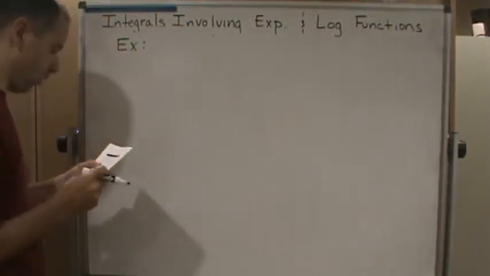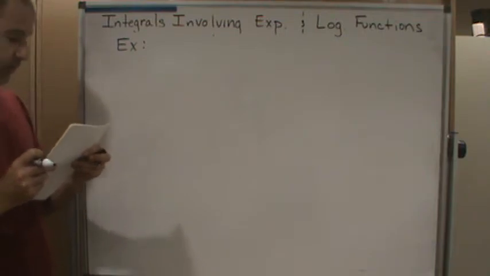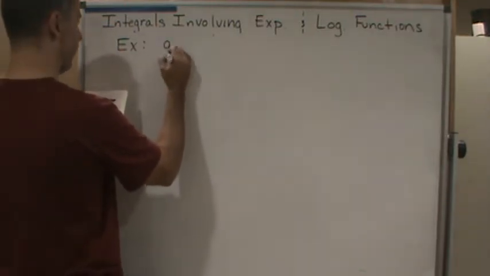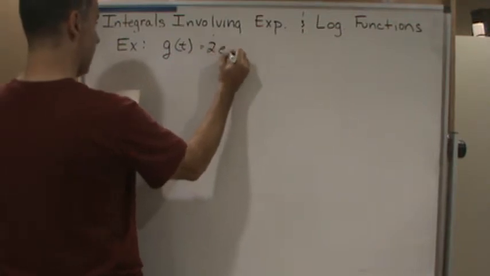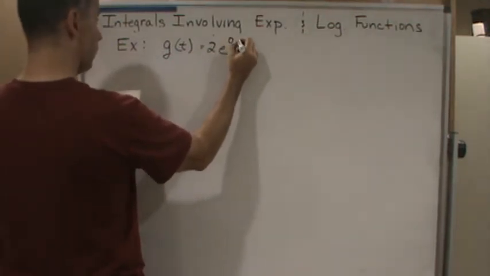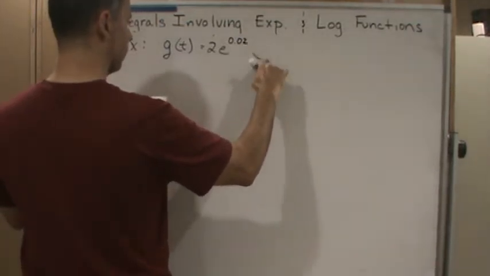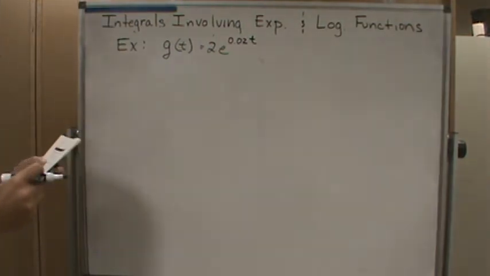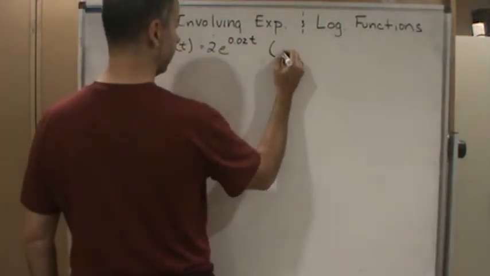So it says, suppose a population of fruit flies, Drosophila melanogaster, increases at a rate of g of t. So here's a growth rate again. g of t equals 2 e to the 0.02 t, in flies per day.